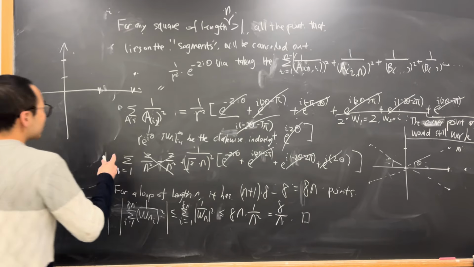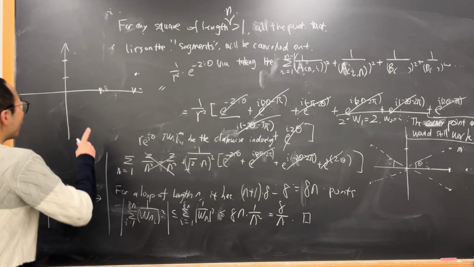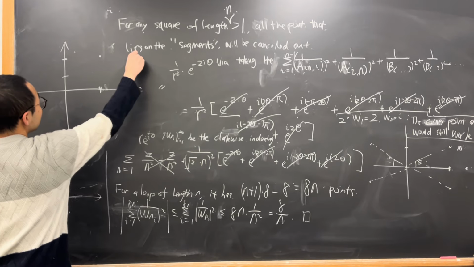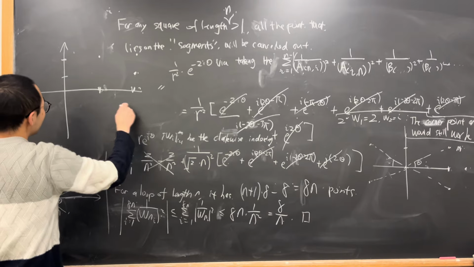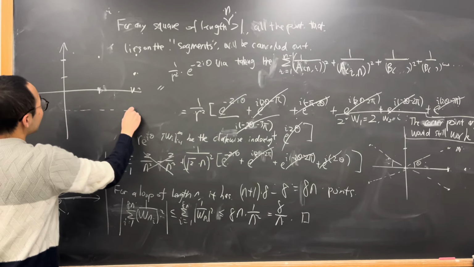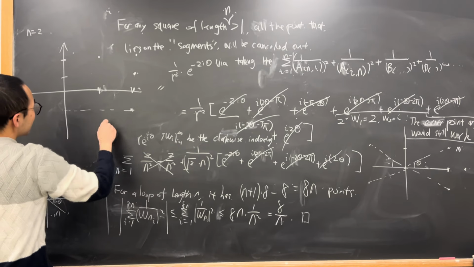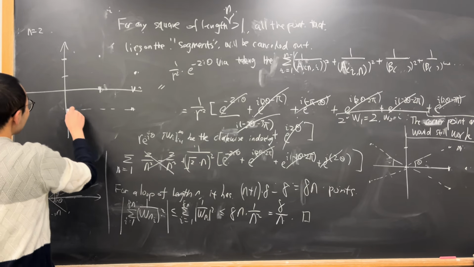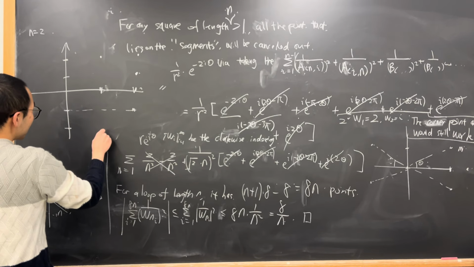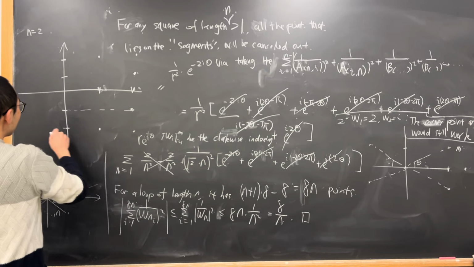So a equal to 2. Right, so these are squares here. Oh, so these are rectangles here right now.